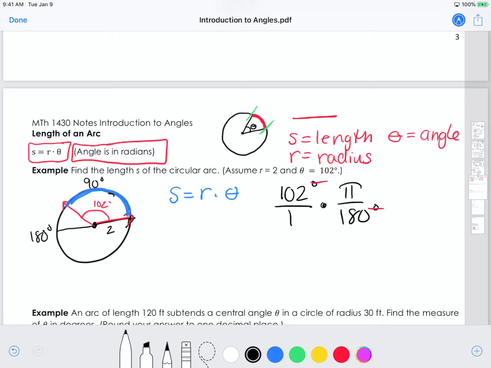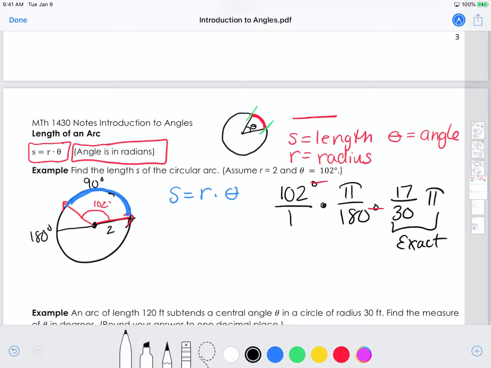If I take 102 and divide by 180, and then I reduce that, I'm going to get 17 over 30 pi. So this is my exact answer. And unless the problem tells me otherwise, you want to keep it exact until the very end.